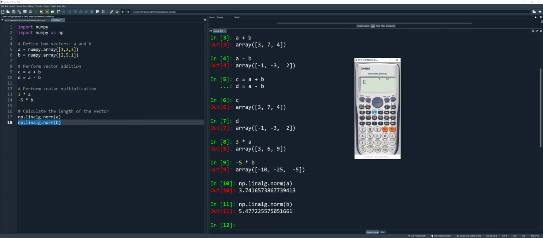That's 1 squared plus 2 squared plus 3 squared. And that is approximately equal to 3.74, 16, and so on. So for vector B, that's square root of 2 squared plus 5 squared plus 1 squared. And that's square root of 30, or 5.477, and so on.